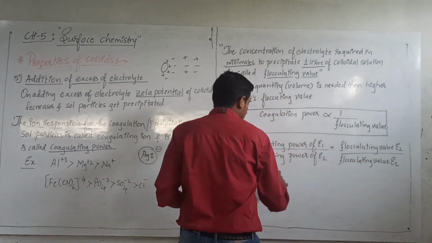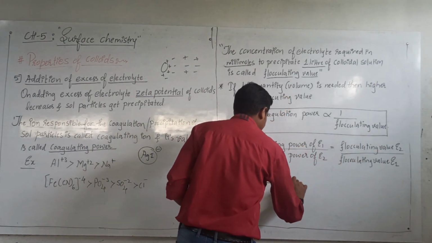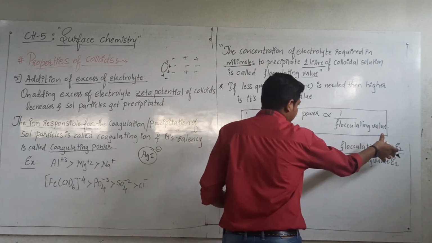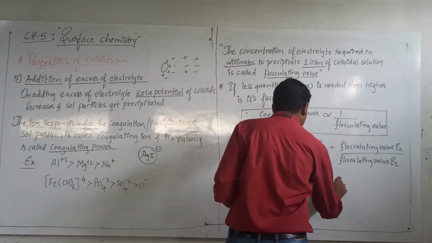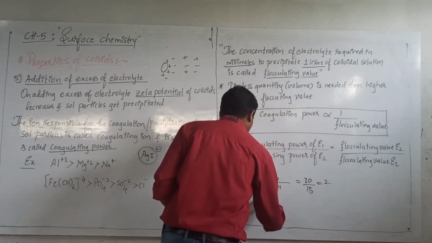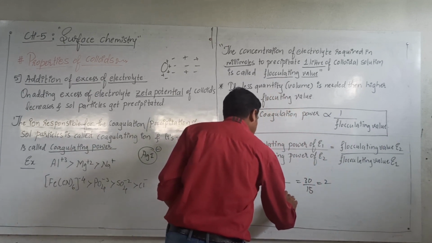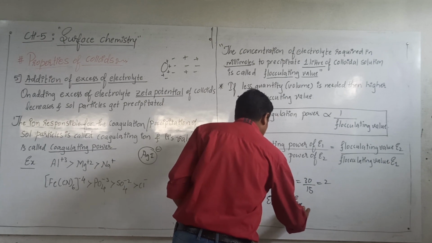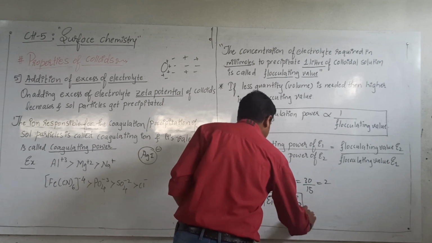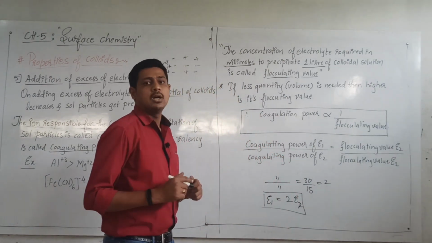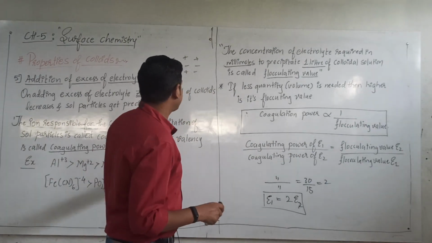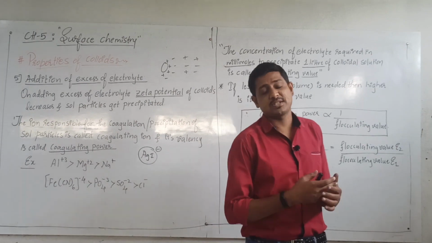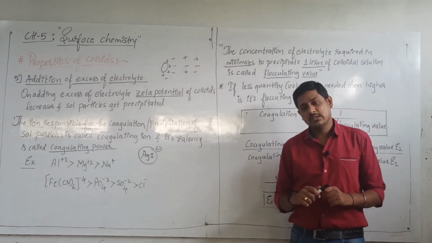Now suppose this remains the same, and suppose they have given the values, let us say 30 divided by 15 is equal to 2, then the coagulating power of E1 is equal to 2 times E2. So this is also very important from the competitive examination point of view. So these are the different methods for precipitation of the colloidal solutions.